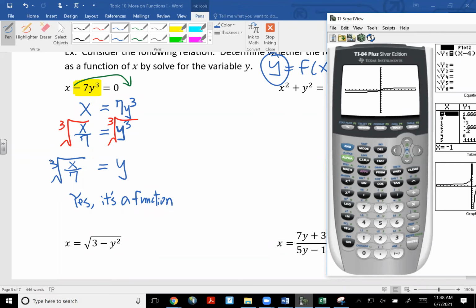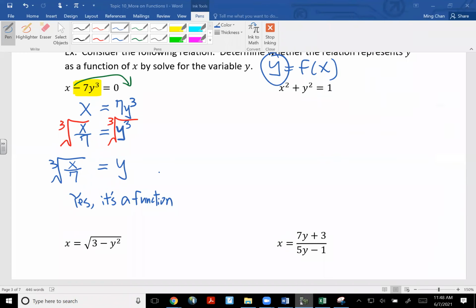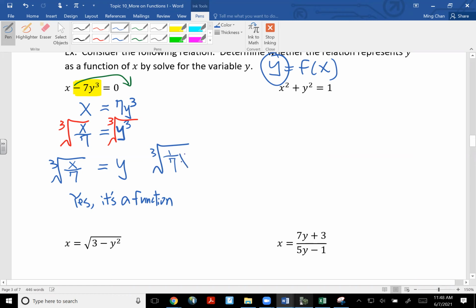But allow me to write this slightly different so you can see it. Okay. You agree I can write this as the cube root of 1 over 7 x, right? So you see, without looking at that 1 over 7, this is a cubic function.